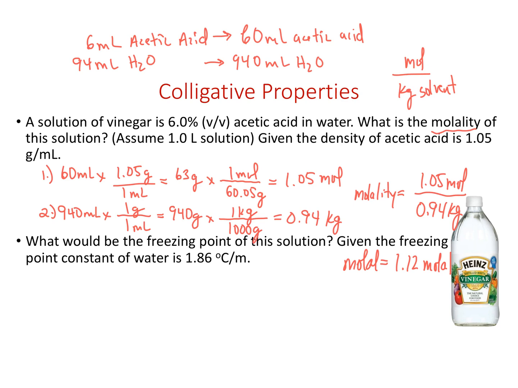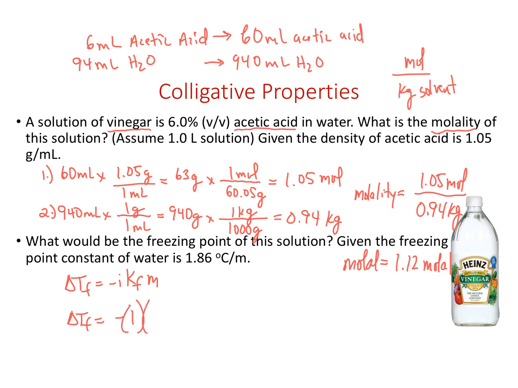For part 2, what would be the freezing point of this solution? For that calculation, we need our delta TF equals negative i Kf times our molality. Our change in freezing point equals our negative van't Hoff factor times the freezing point constant times the molality of this solution. So my van't Hoff factor for acetic acid: acetic acid is molecular, so it's going to have a van't Hoff factor of 1.